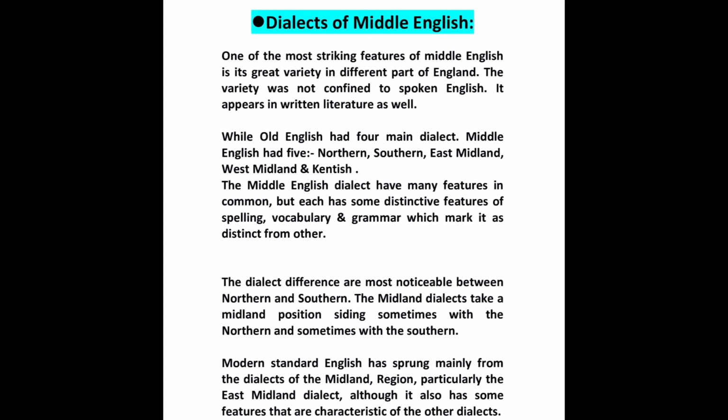The Midland dialects take a midland position, siding sometimes with the northern and sometimes with the southern as well. Modern Standard English has sprung mainly from the dialects of the Midland region, particularly the East Midland dialect, although it also has some features that are characteristic of the other dialects.